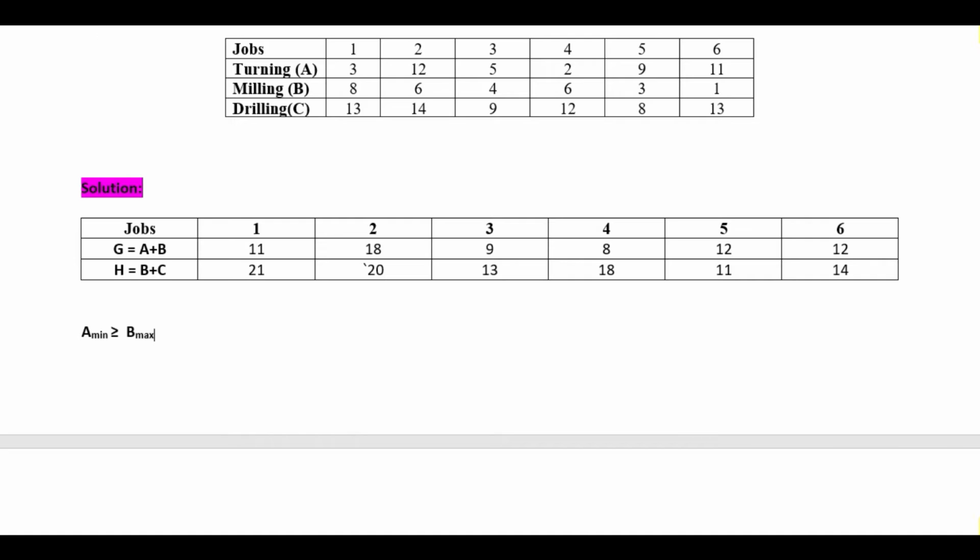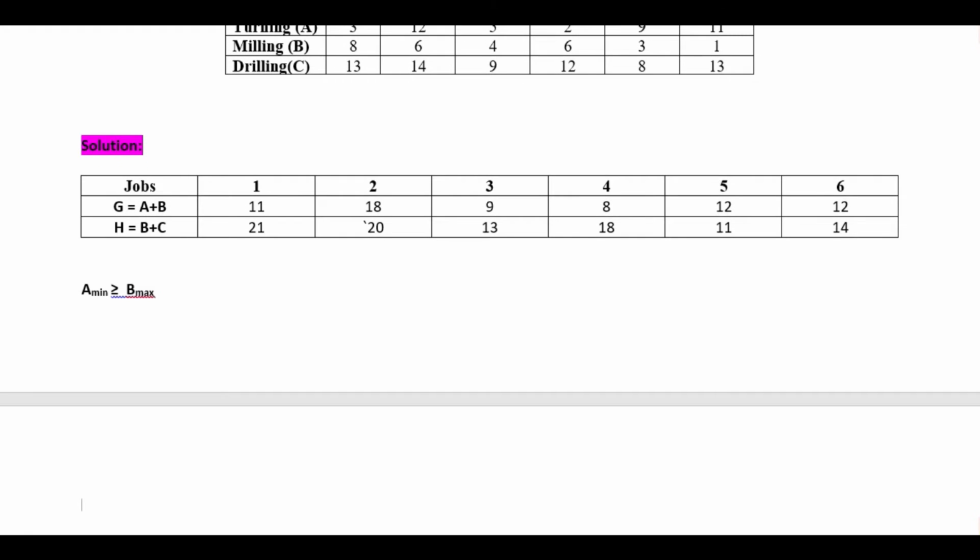Similarly, C minimum must be greater than or equal to B maximum. In some problems both the conditions will be satisfied, or in some problems any one of the conditions is satisfied. So at least one of the conditions should be satisfied for proceeding to the further steps.